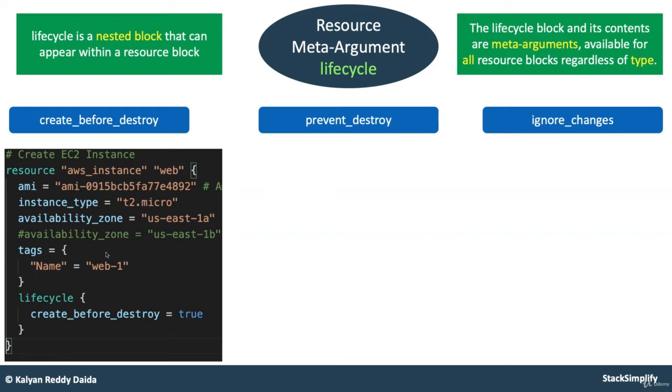Say you have made a configuration change, for example changing the availability zone from 1A to 1B. It needs to destroy the resource in 1A and then recreate it in 1B. Destroy and then create is the default behavior.